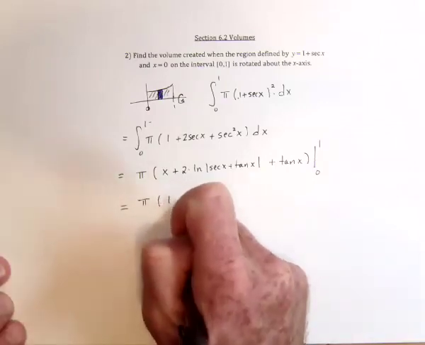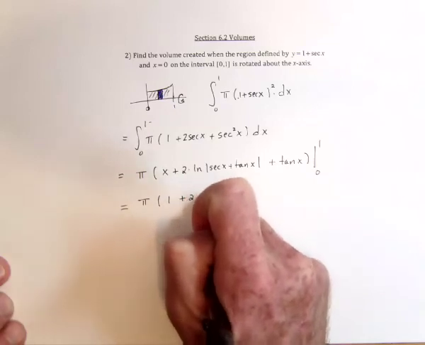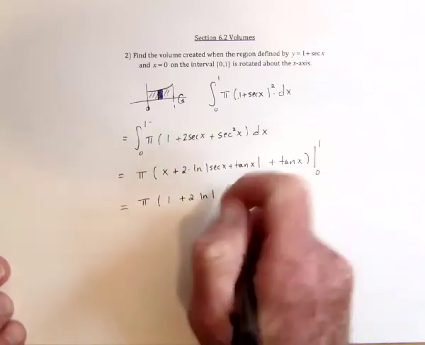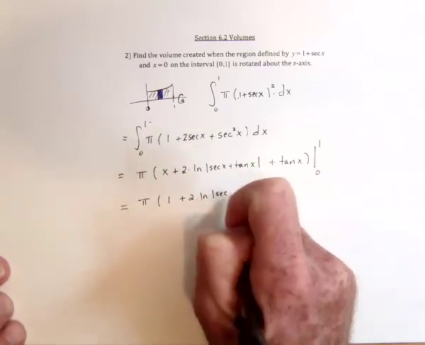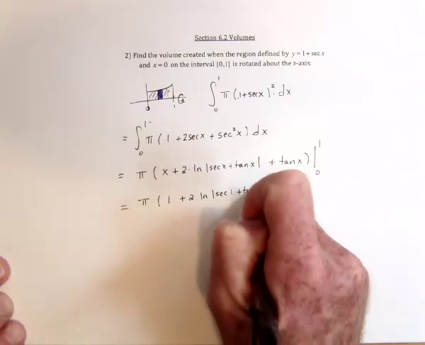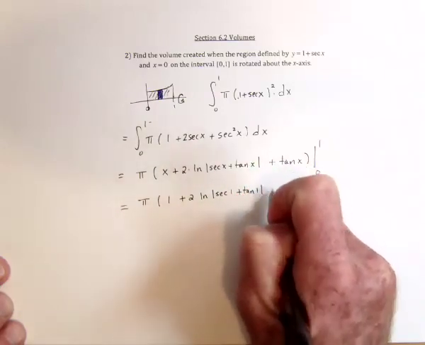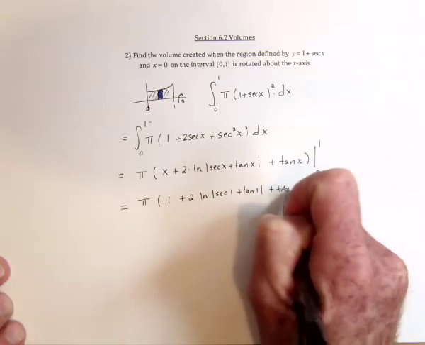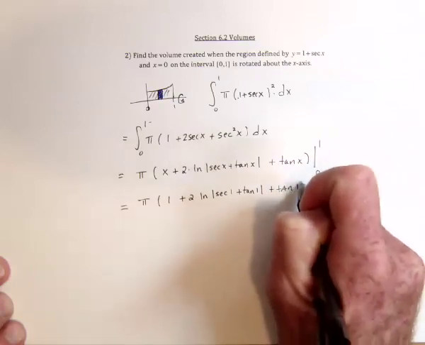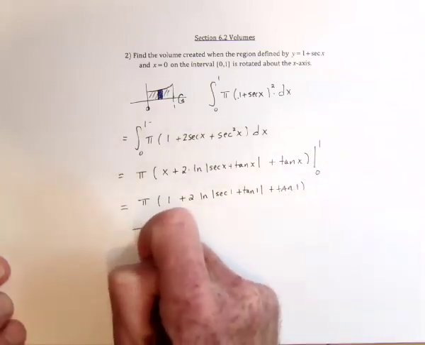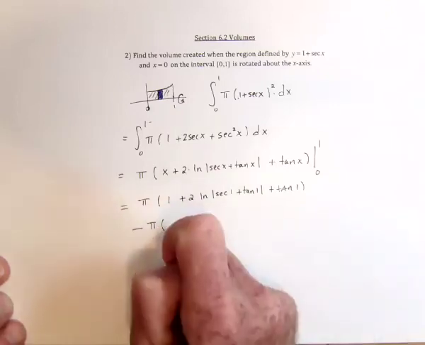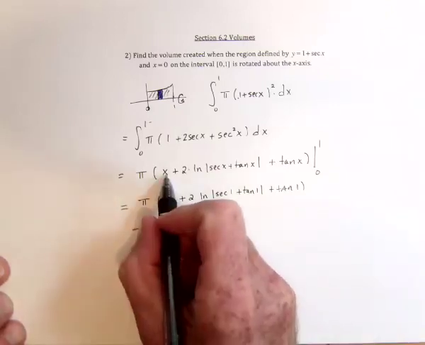So 1 first of all. So the natural log of secant of 1 plus tangent of 1, and then plus tangent of 1. And then minus, substitute a 0.